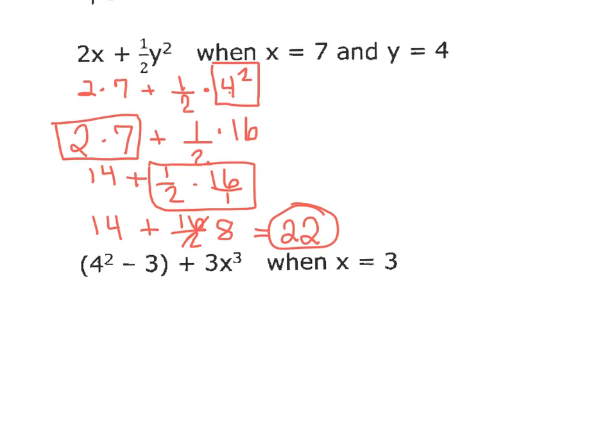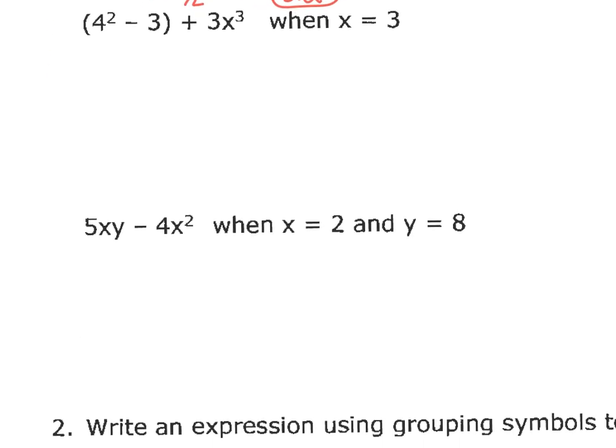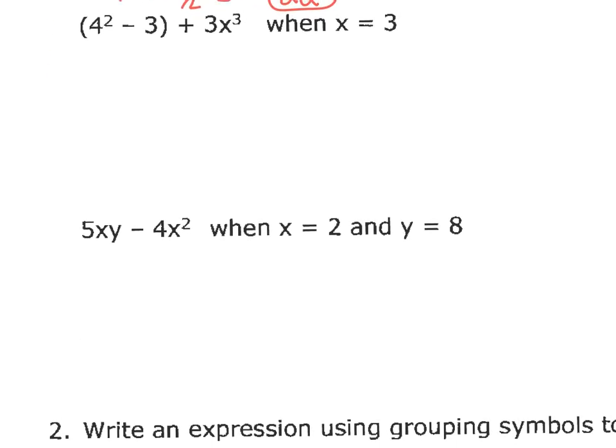Okay, let's move down to the next one. I'm going to write these two out for you to help you. So the first one, you have 4 squared minus 3 plus 3 times x, in this case 3, cubed.